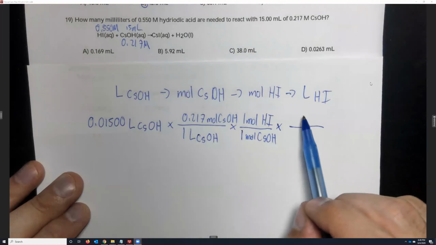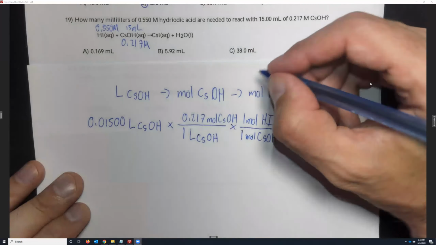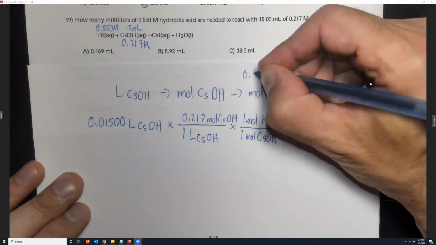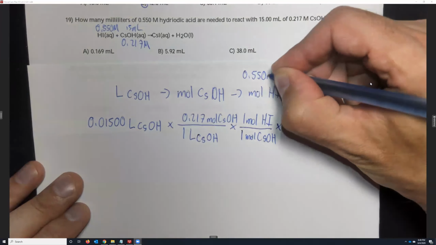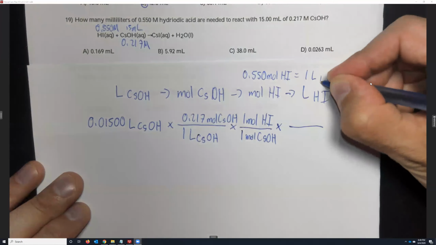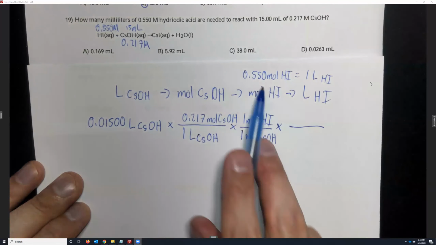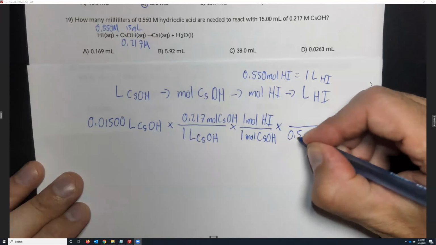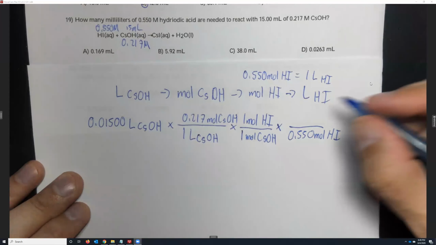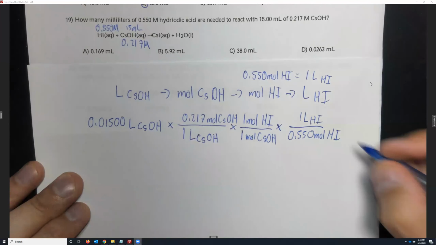But our HI solution isn't the same concentration as our cesium hydroxide solution. Specifically, it's 0.550 molar, which means that there are 0.550 moles of HI in 1 liter of the HI solution. But in this case, I want moles to cancel out. So I want to put the 0.550 moles of HI on the bottom and the 1 liter of HI solution on the top.